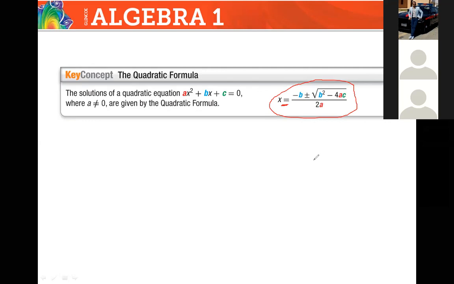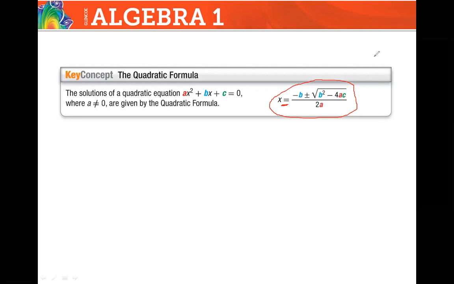It's called positive or negative, it means one time positive and the other negative. Then the square root of b squared minus 4ac over 2a. Yes, so this is our rule.